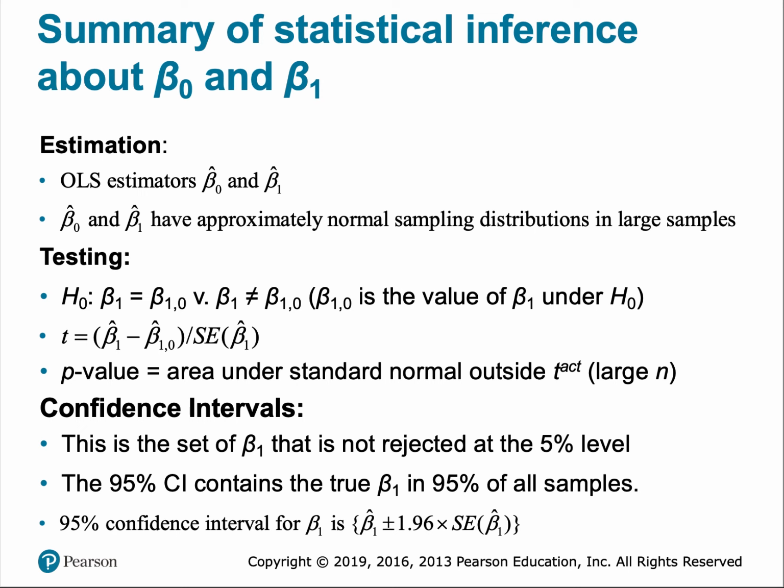We will typically use a two-sided null hypothesis. We will test the value of beta 1, with a null hypothesis that beta 1 is equal to some value. Typically, we test that beta 1 is equal to 0 to test its statistical significance, versus the alternative hypothesis that beta 1 is not equal to that value.